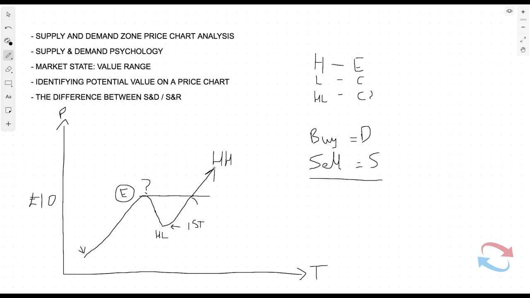Because if this is now the high and this area here is the higher low, what traders do, and they make the mistake, potentially, I wouldn't call it a mistake, is that because they're taught that broken resistance should become support, they're buying here.